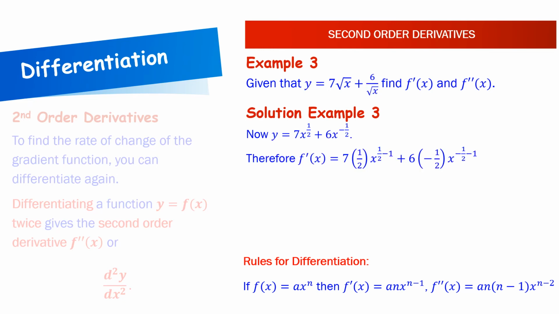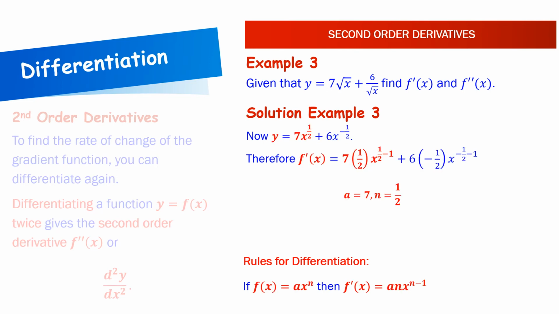And therefore, differentiating the first term, applying the highlighted formula, gives us 7 times a half times x to the power a half minus 1. And for the second term, we obtain 6 times minus a half times x to the minus a half minus 1.